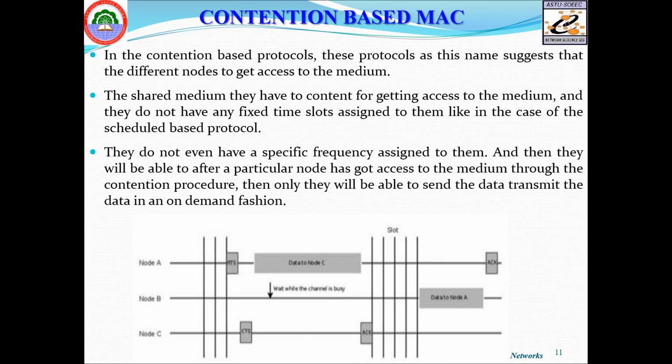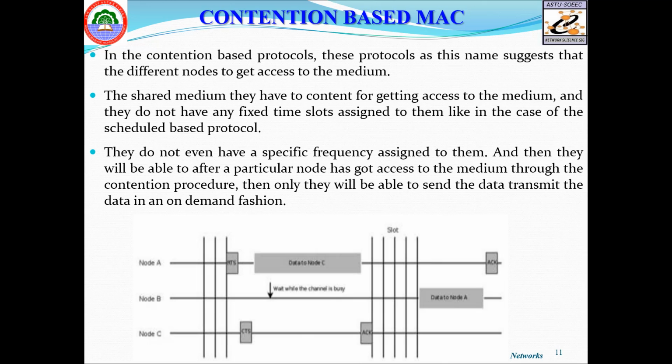Node B has to wait until the channel becomes free. When node B sees that an RTS is being attempted between A and C, it refrains from transmission during that transmission period.